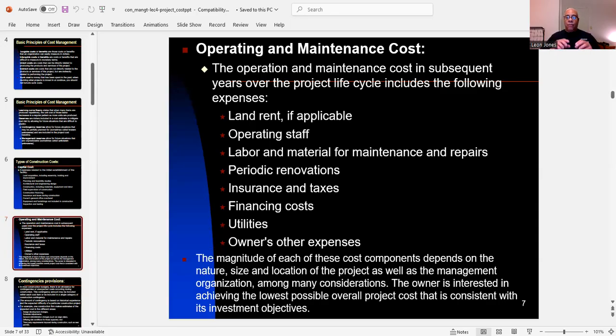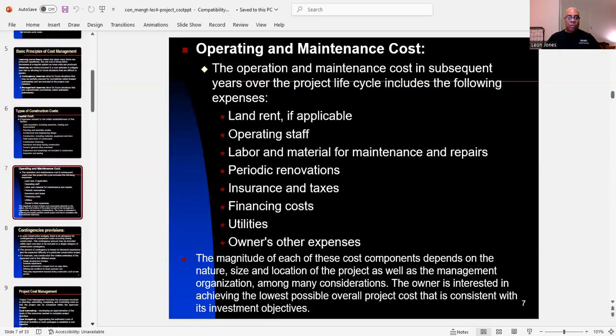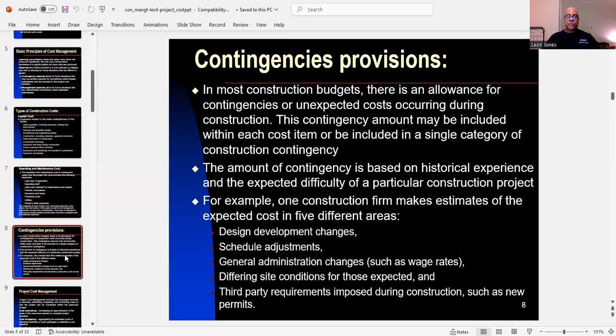The magnitude of each of these components depends on the nature, size, and location of the project, as well as the management organization, amongst many considerations. The owner is interested in achieving the lowest possible project cost that is consistent with the investment objectives.